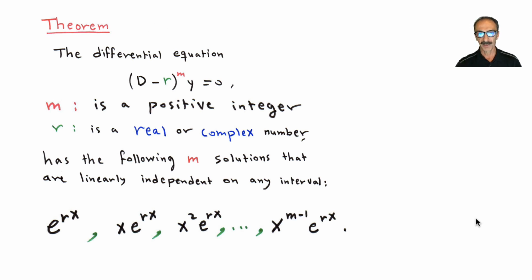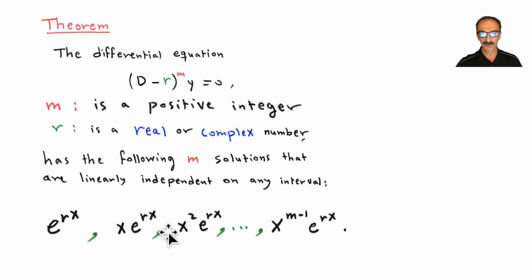Once you have repeated roots, the general solution for our equation with constant coefficients is of the form e^(rx). Once you have repeated roots, you just keep going until you end up with m solutions.